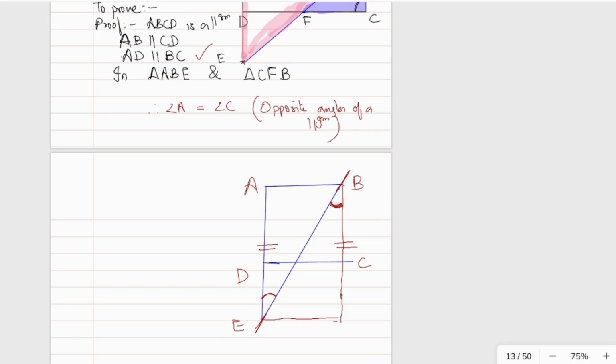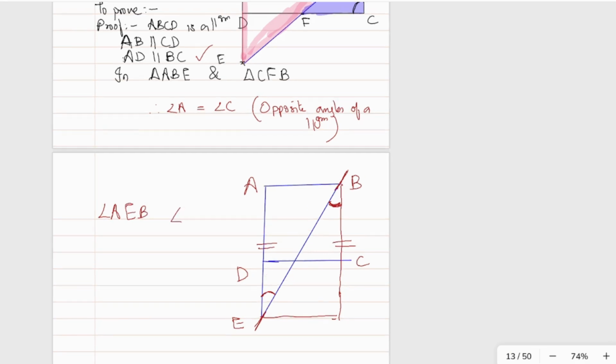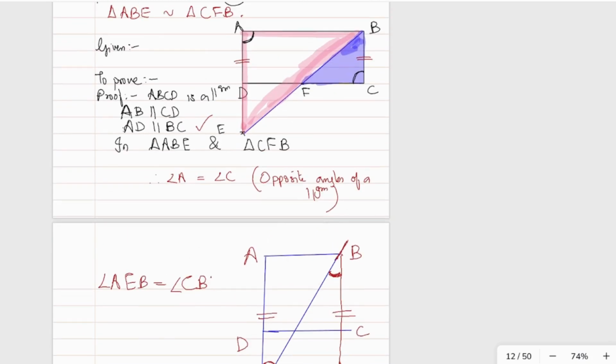If BE is a transversal and AD is parallel to BC, then AE is also parallel to BC, because AE is formed when we extend the line AD. Therefore, angle AEB is equal to angle CBF, right? Why? They are alternate interior angles.